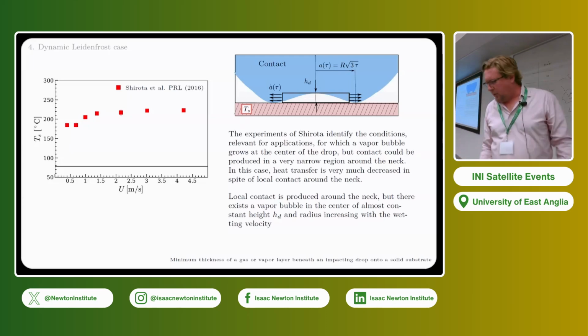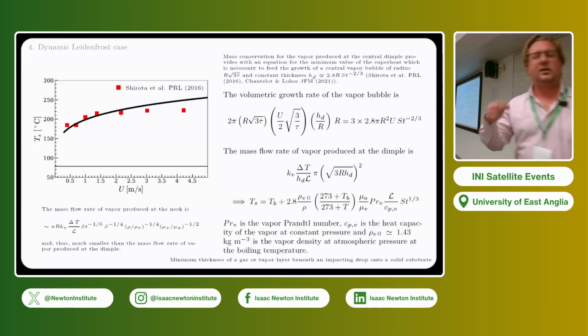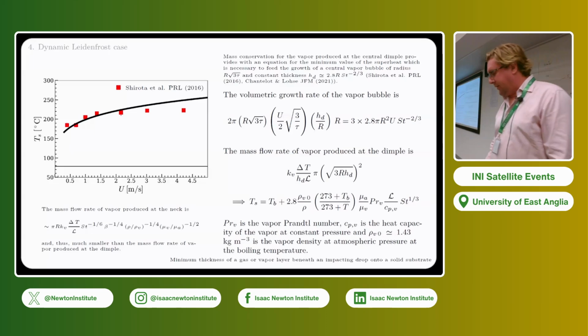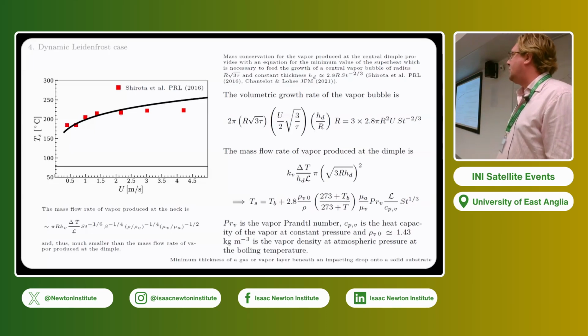So you can calculate the volume growth rate of the vapor bubble in this region. Also the mass flow rate of the vapor produced in this dipole, and equaling both, taking into account also the density of the vapor, you are able to determine the temperature in this case.